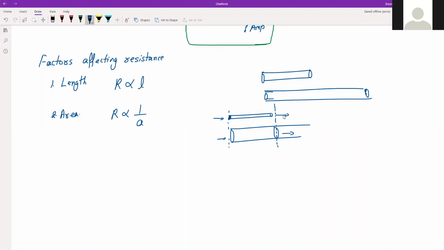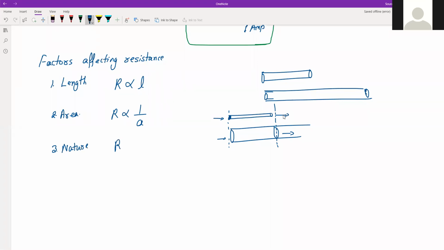Basically, if it is a conductor, it will have less resistance. If it is an insulator, it will have very, very high resistance. And if it is somewhere in between, the conductivity keeps on decreasing. So we can also say that it depends on the nature.